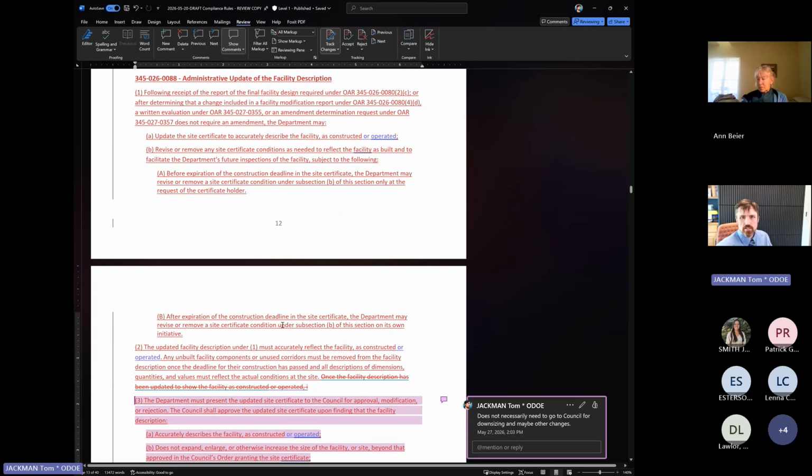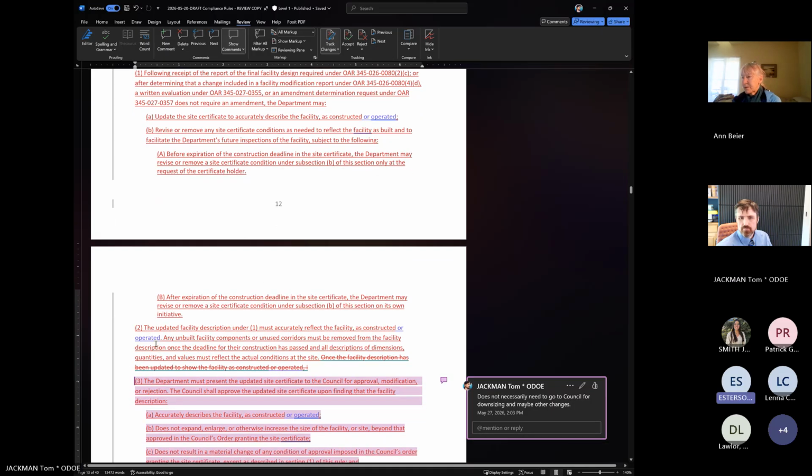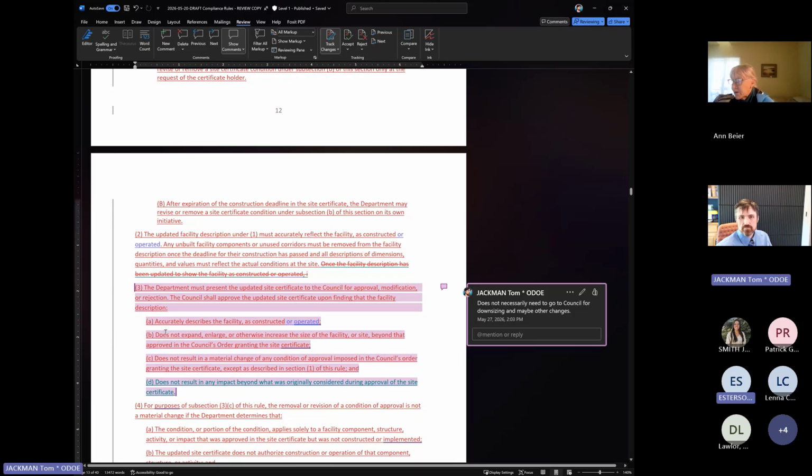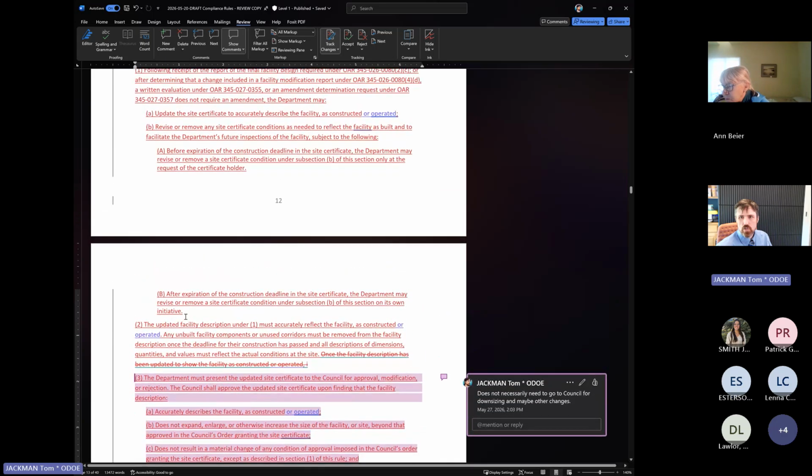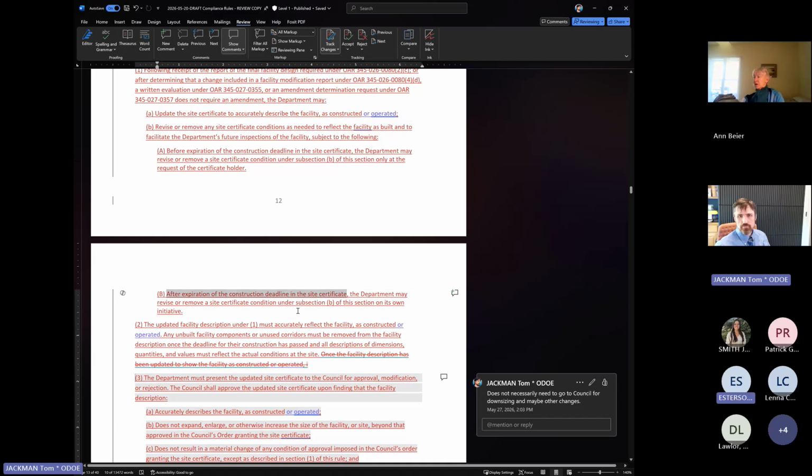Well, yeah, we can just do it after the expiration of the construction deadline. That's the only time. I would think that the certificate holder needs to trigger it.